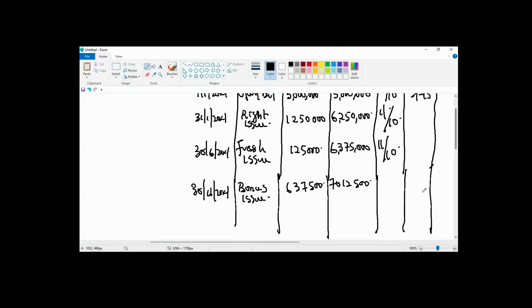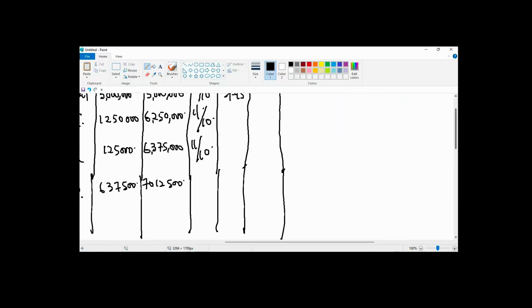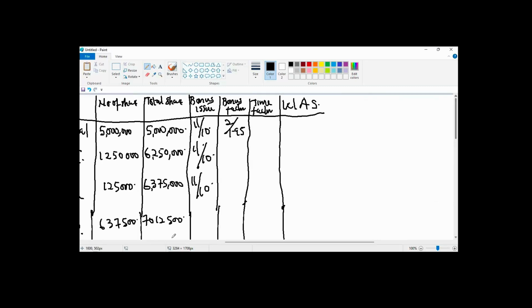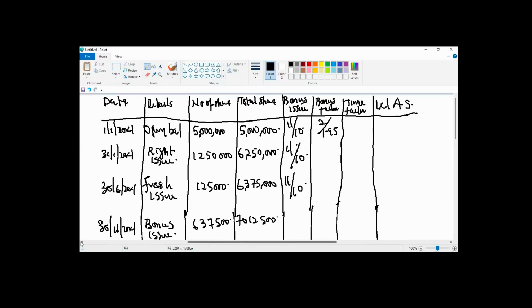I can now multiply to get my weighted, now the time factor. Oh, we have not done the time factor. That's true, we have not. From 1st of January to 31st of January, we have 1. From 31st of January to 30th of June, how many months? 5 months.